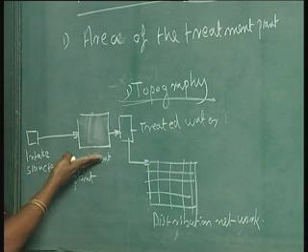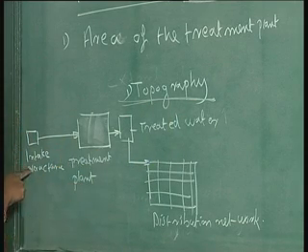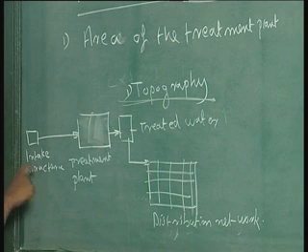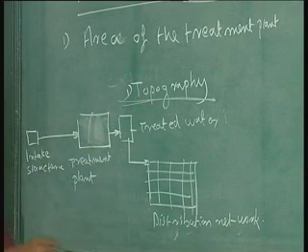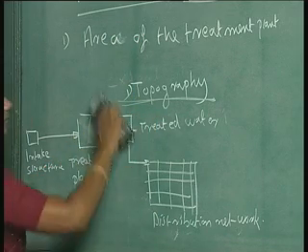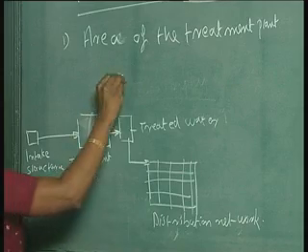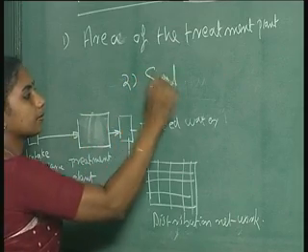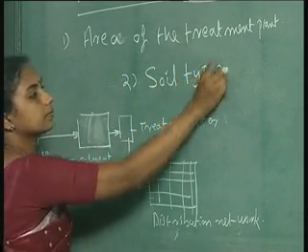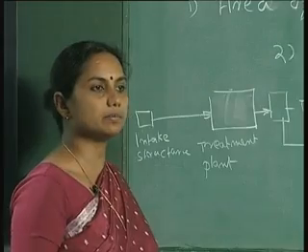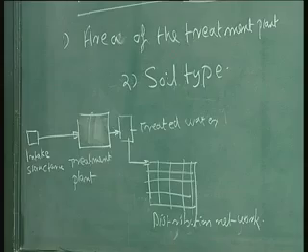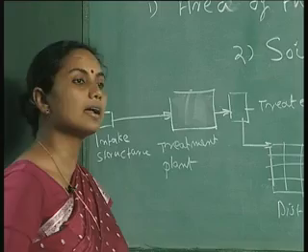But sometimes it may not be possible, because we have to see where the intake structure is coming and where your highly elevated land is available. So those things you have to consider carefully. Second one is soil type. This is also very important because the water treatment plant involves many units. So you have to go for soil excavations and all other activities.